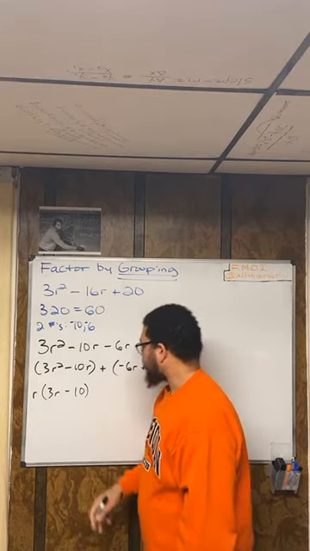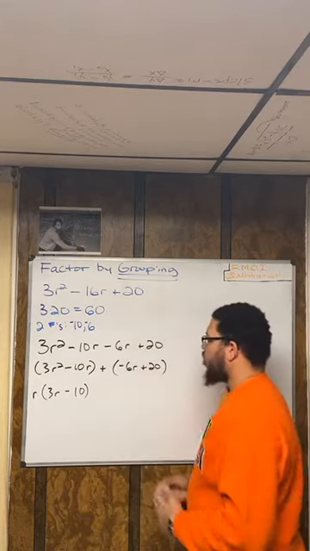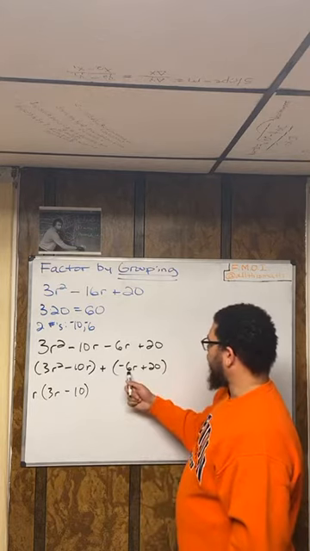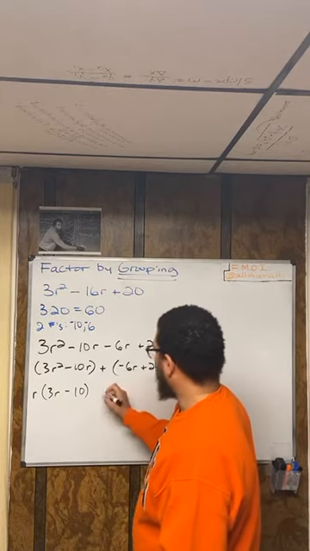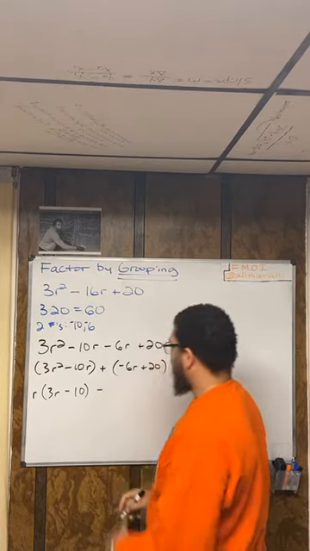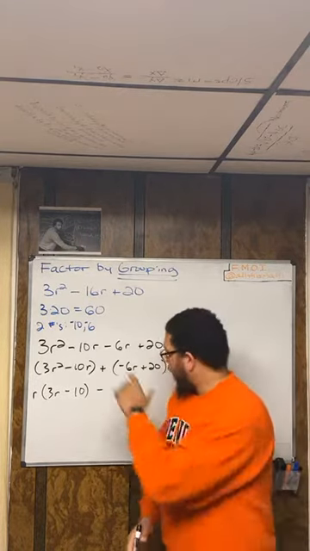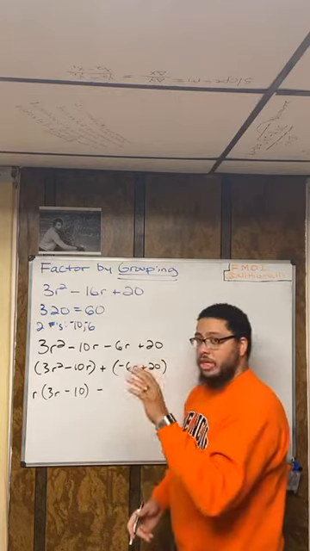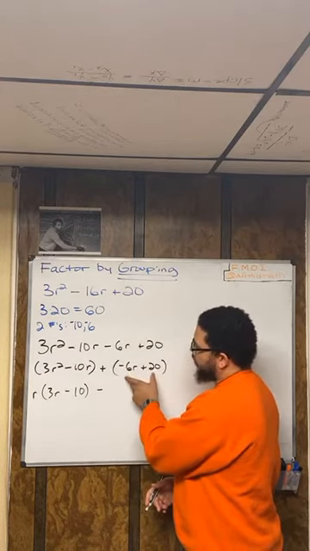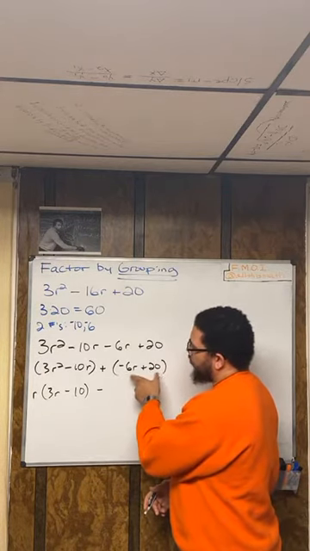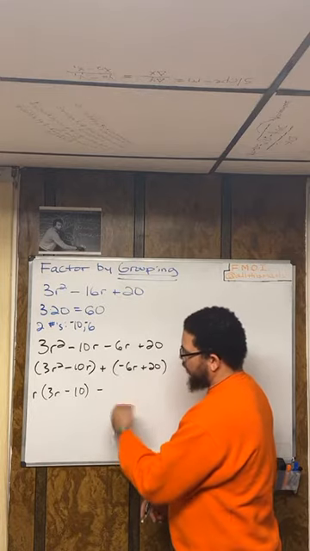All right? I'm going to do the same thing over here. What is the greatest common factor of negative 6 and positive 20? I'm going to make it negative, because whenever I have a negative sign, that's another little trick, a little cheat code. Whenever you have a negative inside of the parentheses in this group, you want to pull out the negative GCF, not the positive GCF.